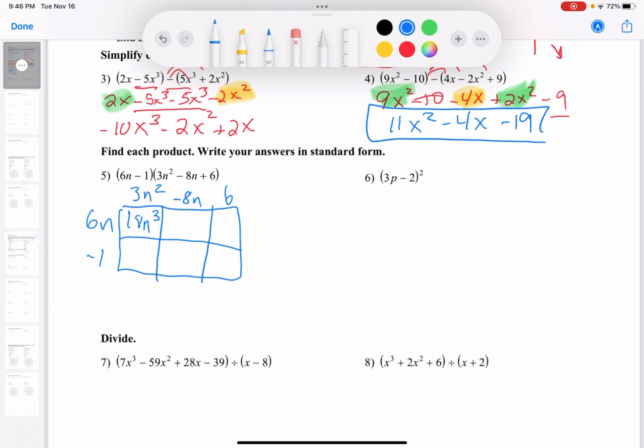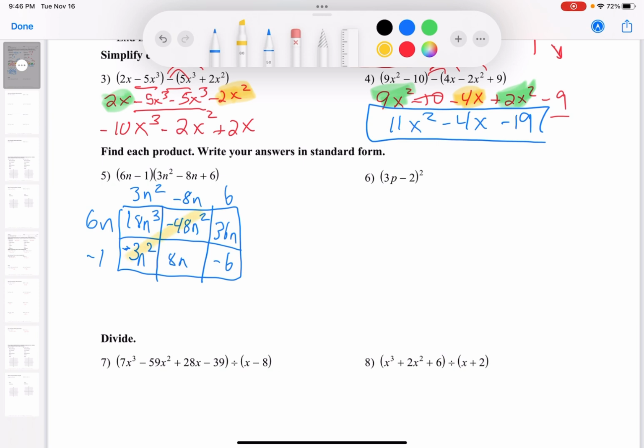Negative 1 times 3n squared is negative 3n squared. 6 times negative 8 is negative 48. N times n is n squared. Negative 1 times 8 is 8n. This gives me 36n, and that gives me negative 6.